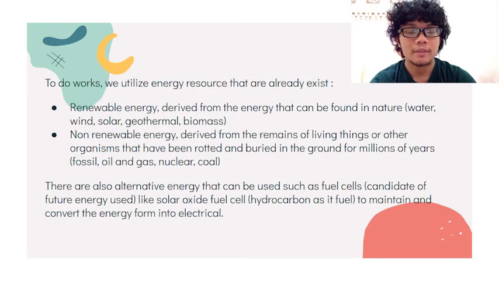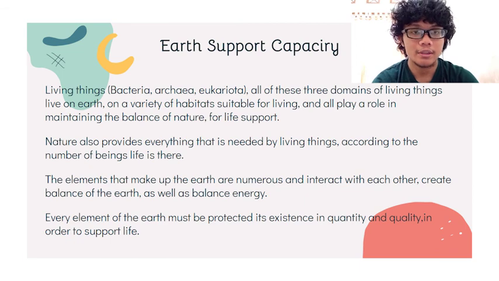On Earth's support capacity, there are three domains of living things: bacteria, archaea, and eukaryota. All these three domains live in a variety of habitats that are suitable for living. All three domains play a role in maintaining the balance of the Earth for life support.